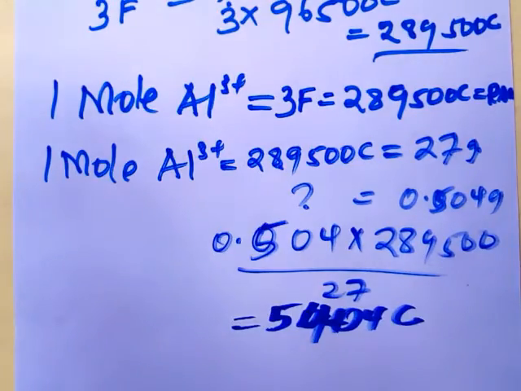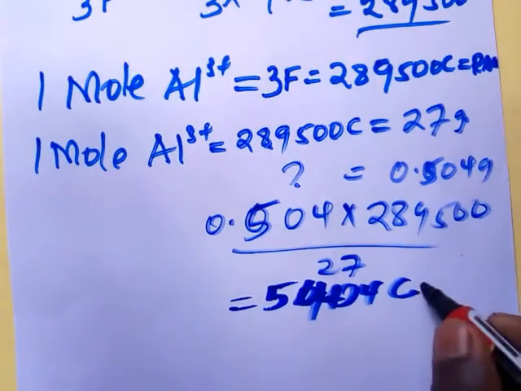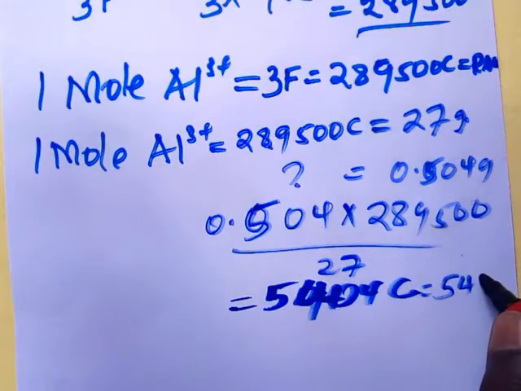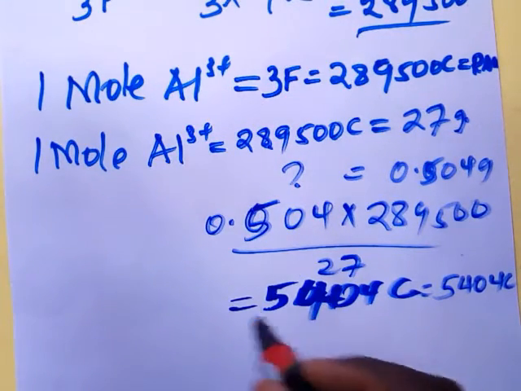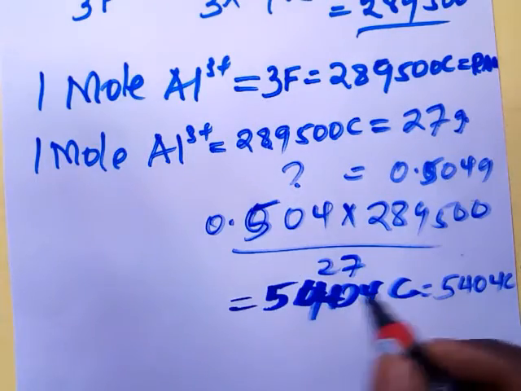It is giving us 54.04 coulombs. But now this is the quantity of electricity.